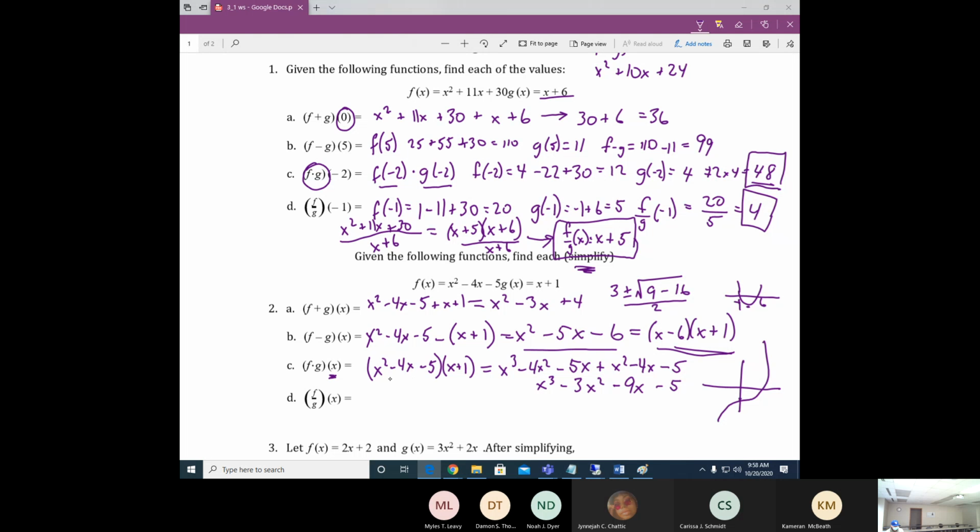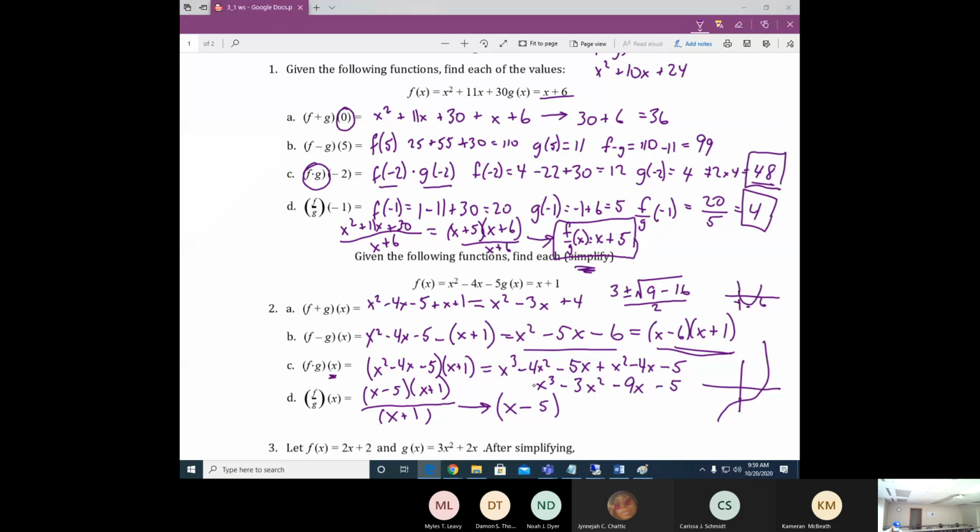See how x squared minus 4x minus 5 is the same as, let's see, x minus 5 times x plus 1, divided by g, which is x plus 1. Here is where simplifying or factoring does help me simplify. I see that dividing by x plus 1 gives me x minus 5 for f over g of x.